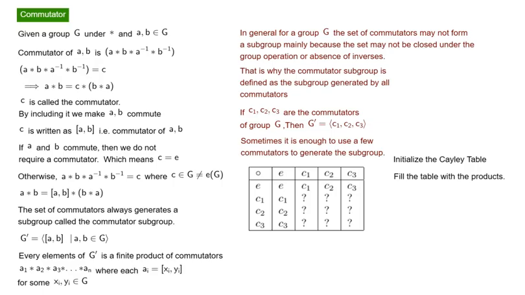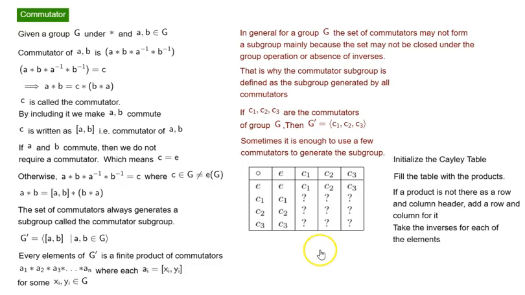Now, it might happen that when you multiply two elements, say C2 times C3, the result may not be there in the column headings or the row headings. So what do we do? We add a row and a column for it. Which means again we have to find the products for those rows and columns as well.